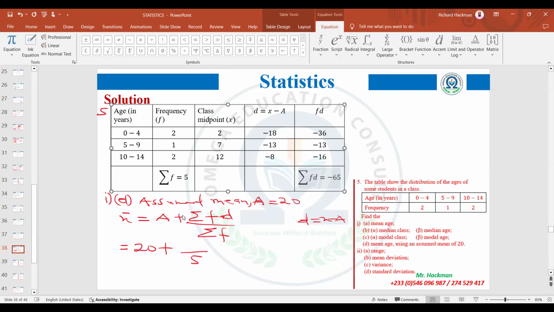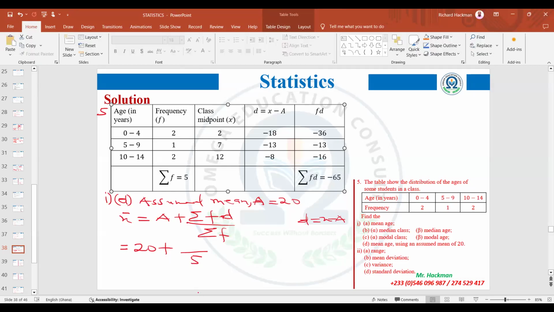Did we do that yesterday? We did, right? I think we did. After that, maybe we'll go and find the actual mean without going through this.